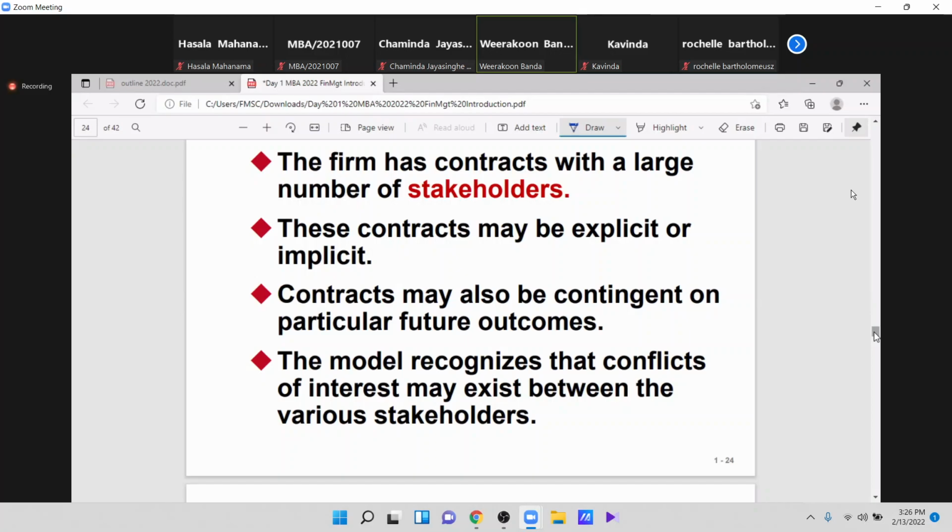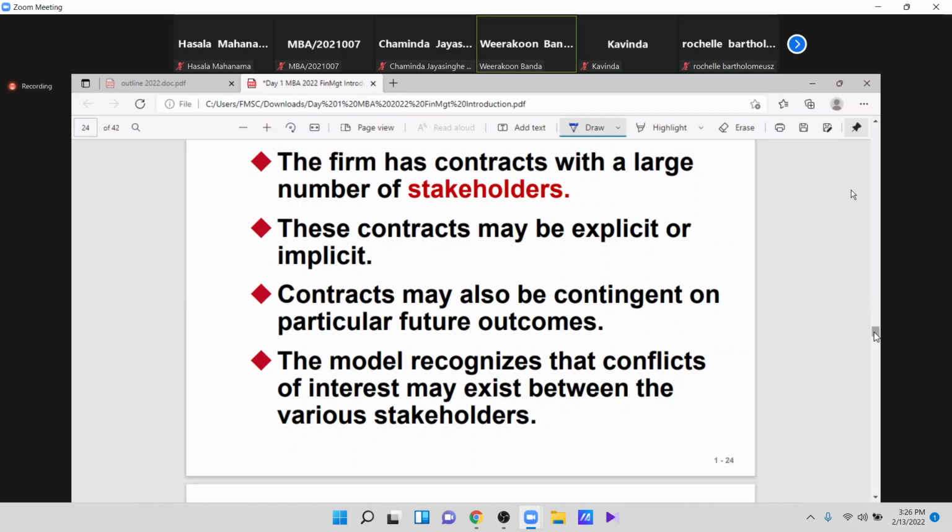Contracts may also be contingent on particular future outcomes. Sometimes if there are some disagreements, maybe some court cases, then they may ask for some compensations.